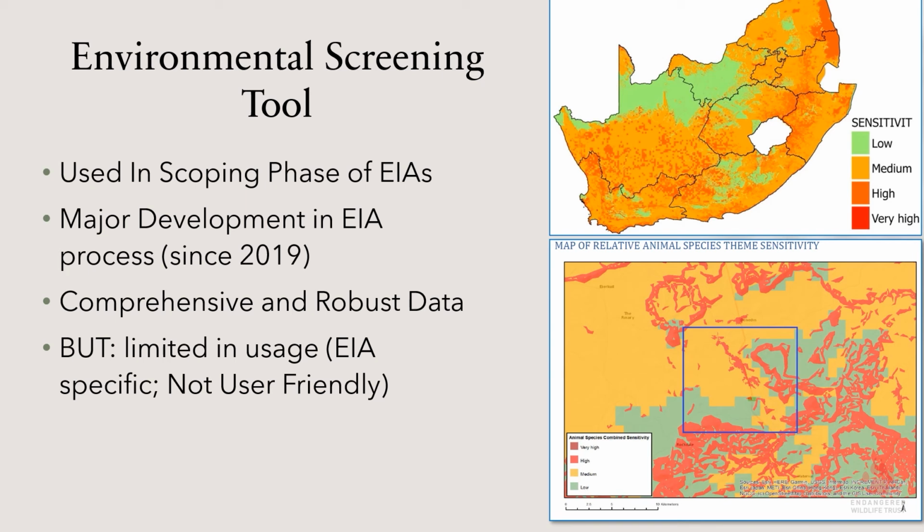So it's not very user-friendly. One can't isolate CBAs or ESAs. It just comes out as a singular report, which is not very helpful for the general public, but can be very useful in the environmental impact assessment, and indeed is essential for the scoping phase of this.